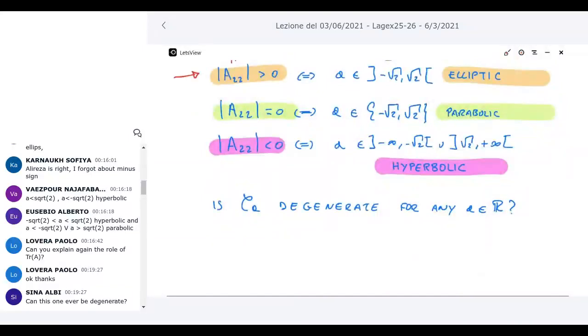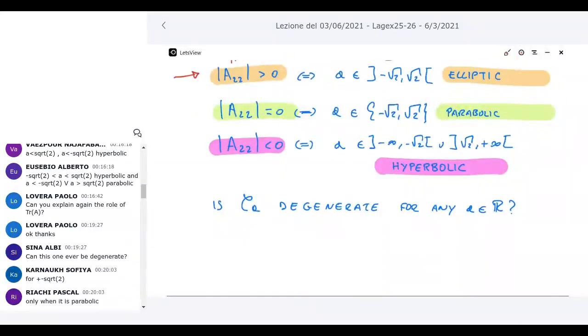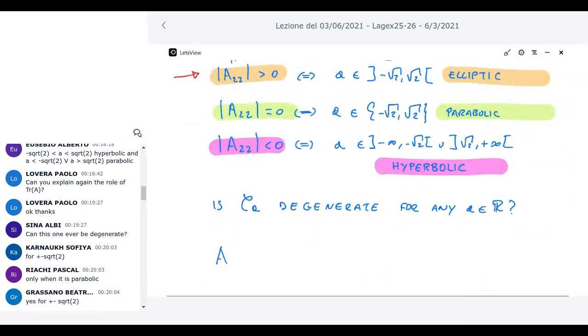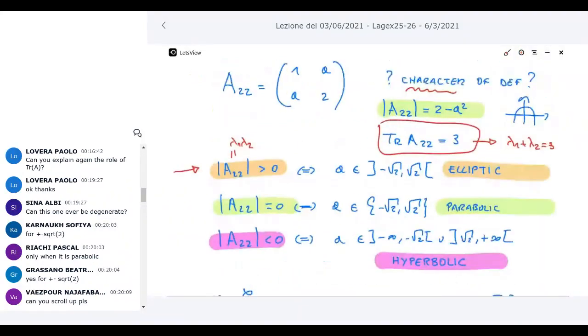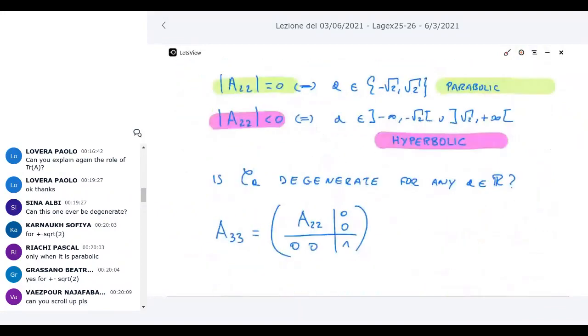How do we answer? Well, it is the usual way. The fail-proof way is to look at matrix A33, which, in this case, is just putting some zeros there, A22 here, and then probably minus 1 in the corner.